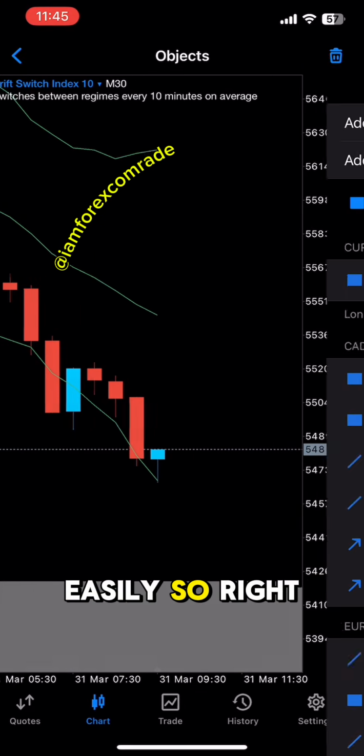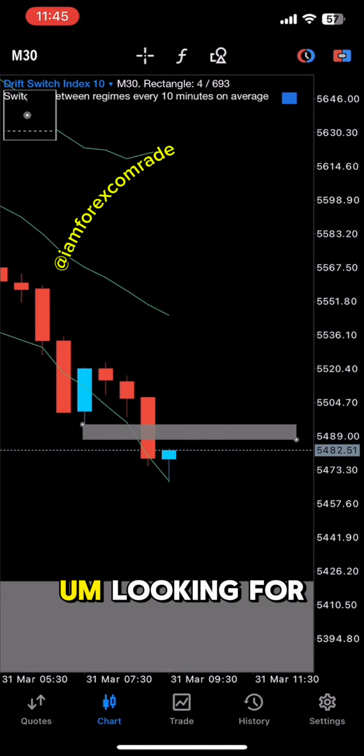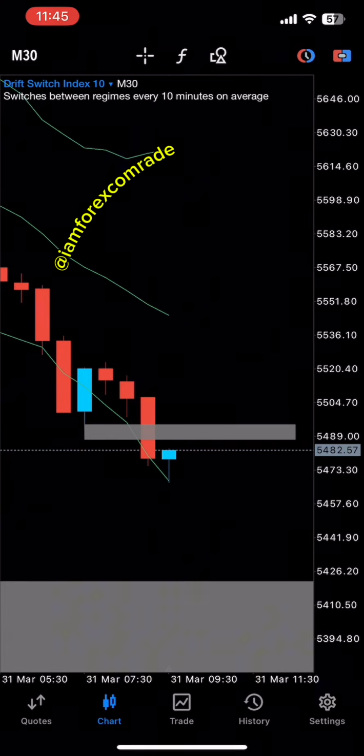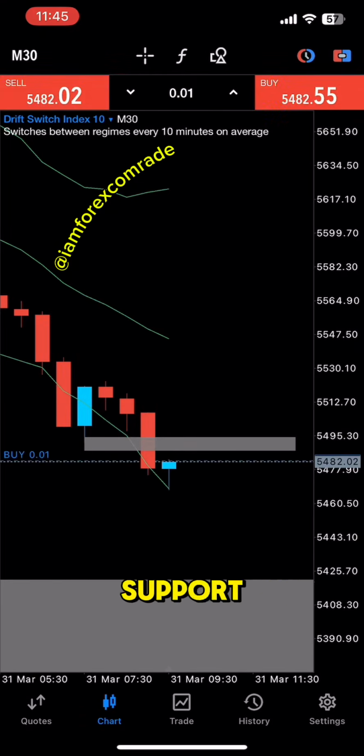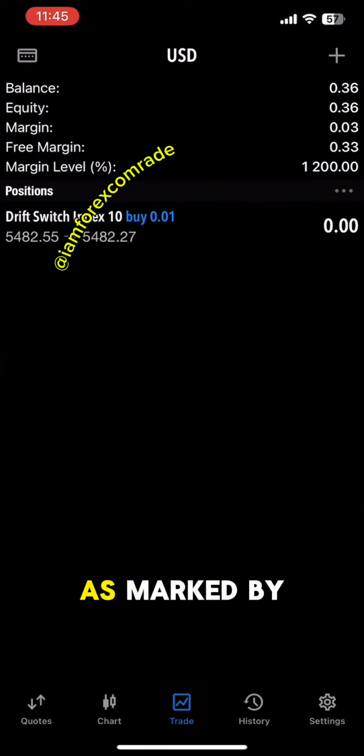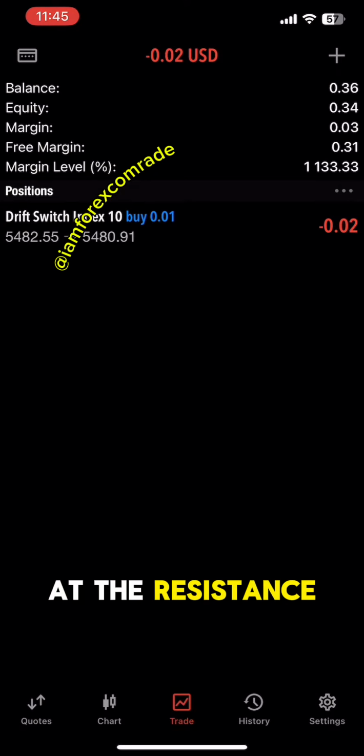So right now we are looking for buy signals, because we know that the market is currently at the support line, and as marked by the lower Bollinger, the market is at the support.